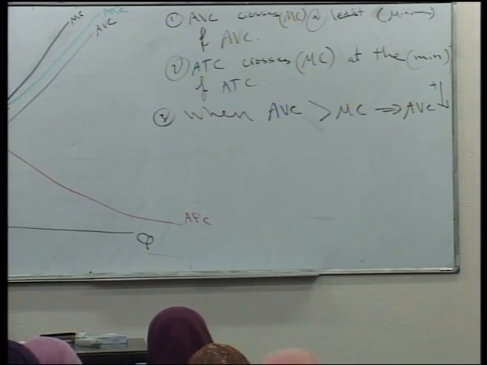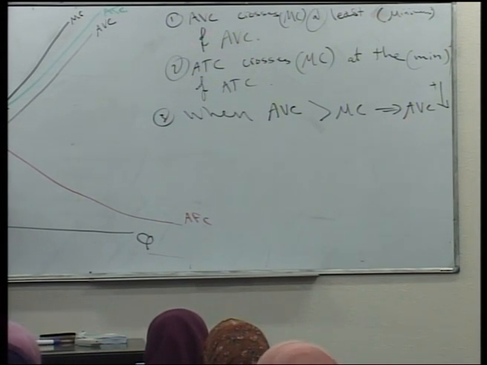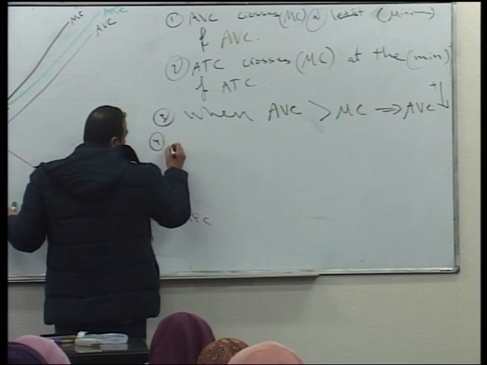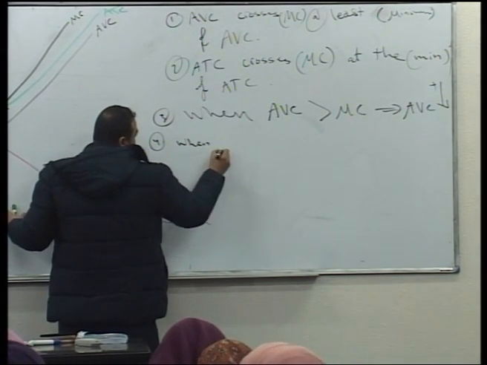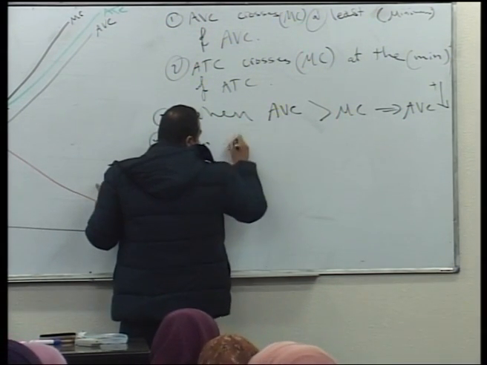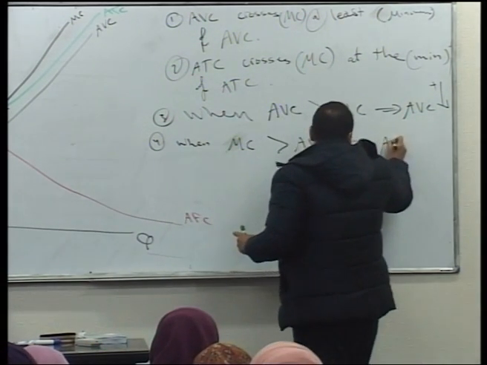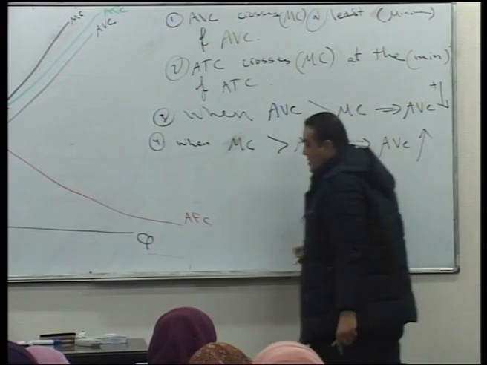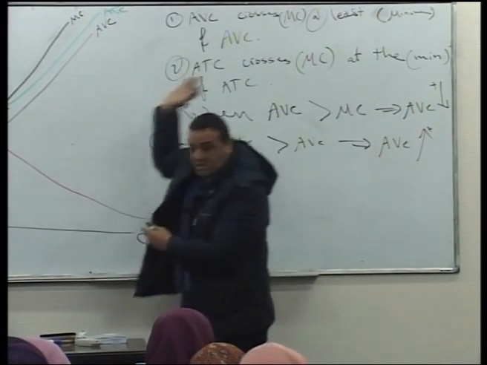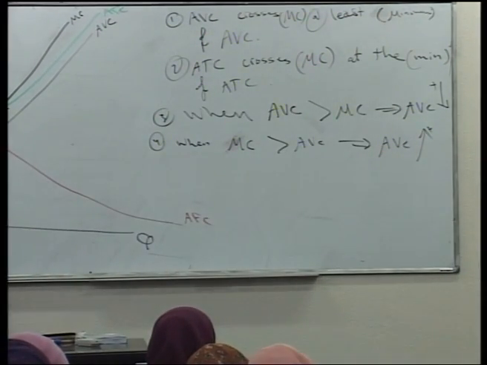At the right side here, when MC is bigger than AVC, AVC is increasing. Then number 4, when MC is bigger than AVC, AVC is increasing. All positive. Okay?